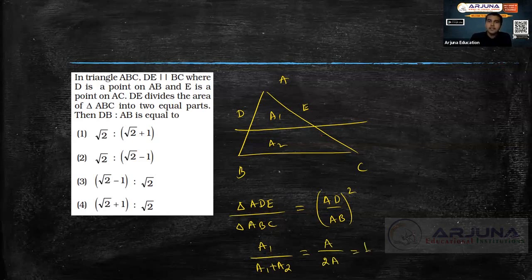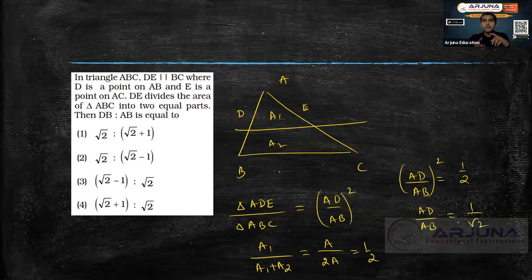So AD divided by AB the whole square equals 1 by 2, and AD divided by AB equals 1 by root 2. Everybody got this step? Some of you might have made a mistake here. You may have taken AD by AB equal to plus or minus 1 by 2. If you have taken this, it's wrong. Why is it wrong? Because ratios cannot be negative.